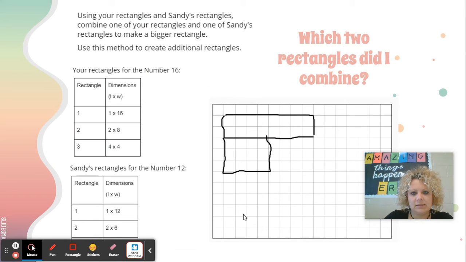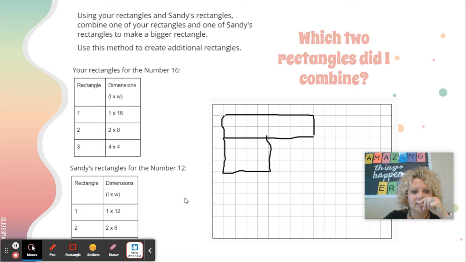All right. So now what we're going to do is we're going to use our rectangles and Sandy's rectangles. So this is the one that we did together, our area of 16, and Sandy's rectangle is for 12. And we're going to put 2 of the rectangles together to make one bigger rectangle. Okay.